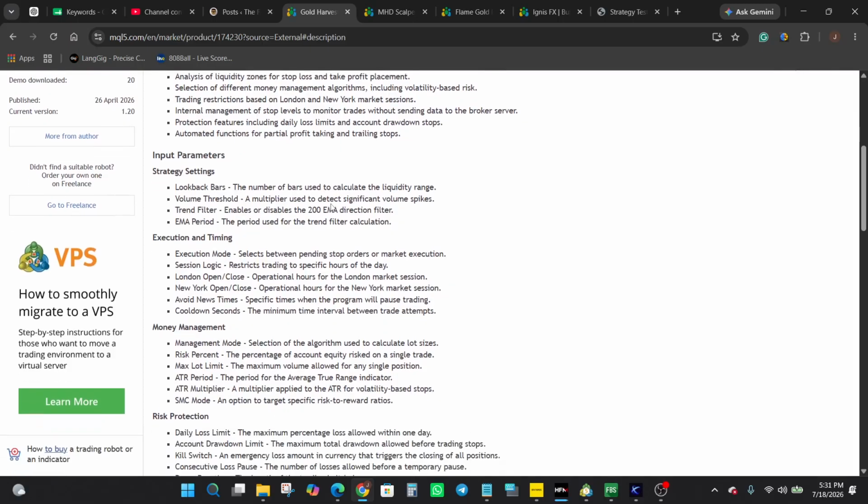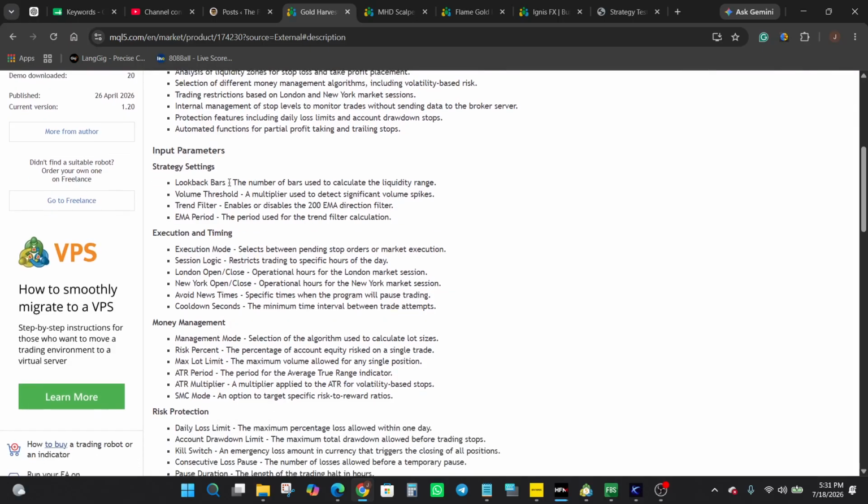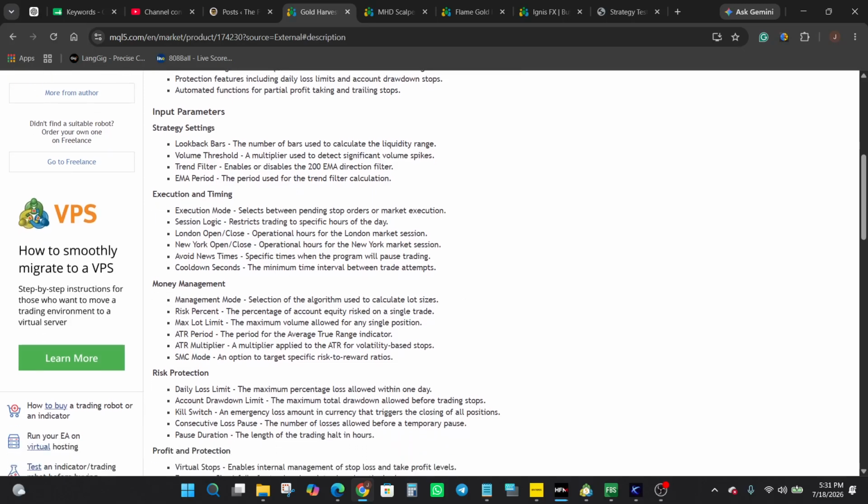Now, scrolling through the input parameters, strategy settings cover look back bars, the volume threshold multiplier, and the EMA trend filter period. Execution and timing settings include the choice between pending or market execution, session based trading hours for London and New York, a news avoidance window, and a cool down period between trade attempts.